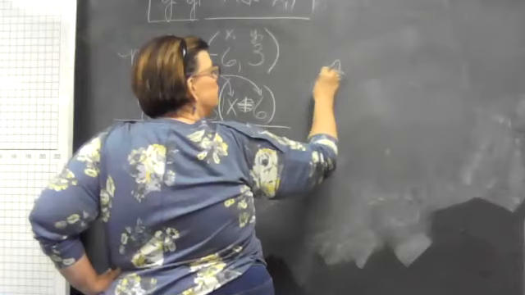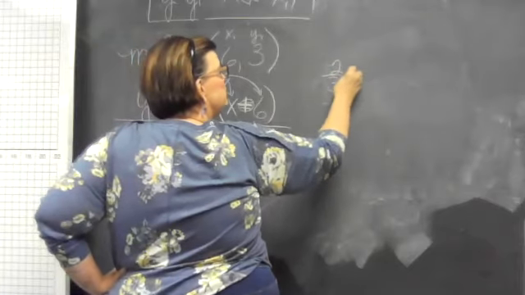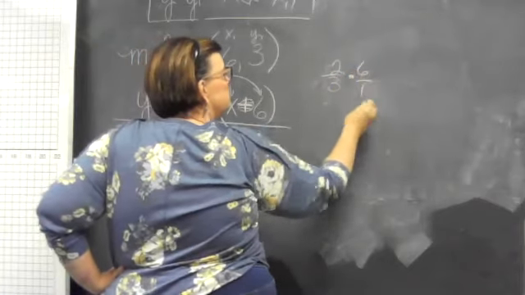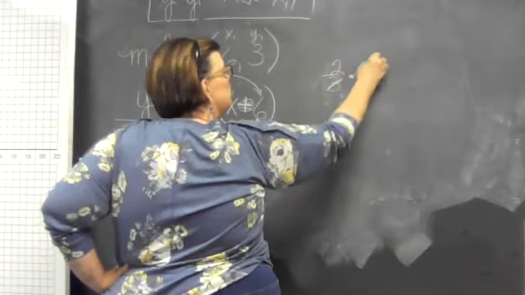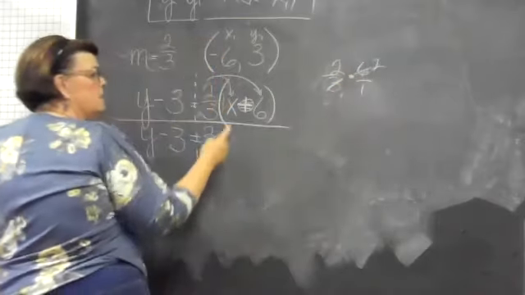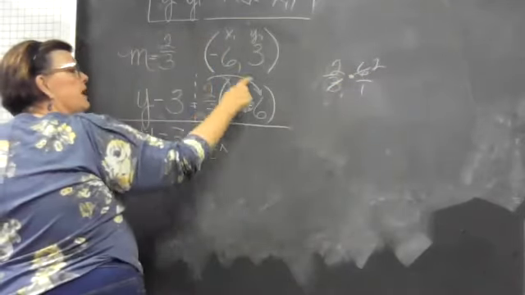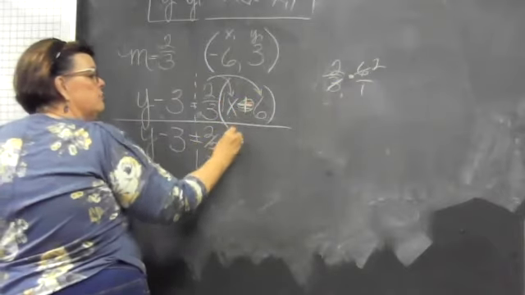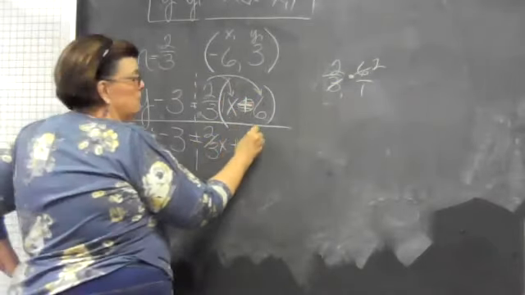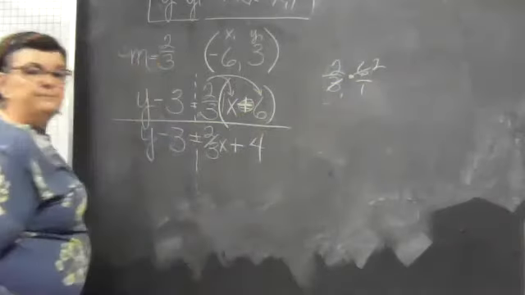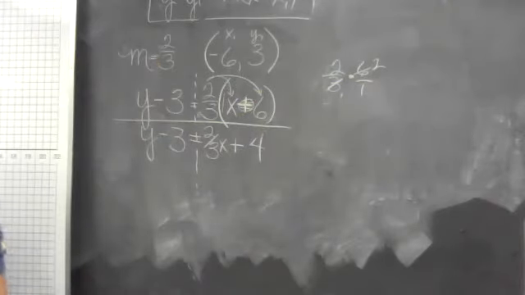You'll probably use your calculator, but 2/3 times 6 is 4. So I have 2/3 times 6, and in your calculator, you will get 4. Josie, you got 4, right?